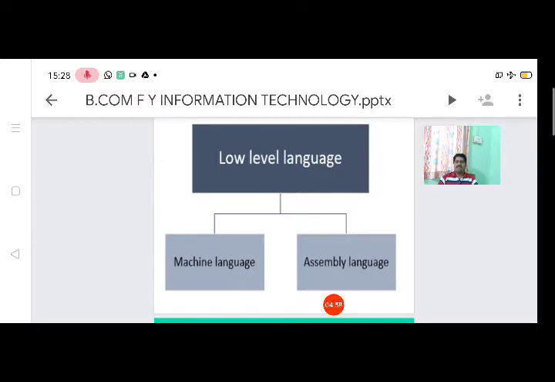It is mainly designed to operate and handle all hardware and the instruction set architecture of a computer. The main function of the low-level language is to operate, manage and manipulate the hardware and system components.